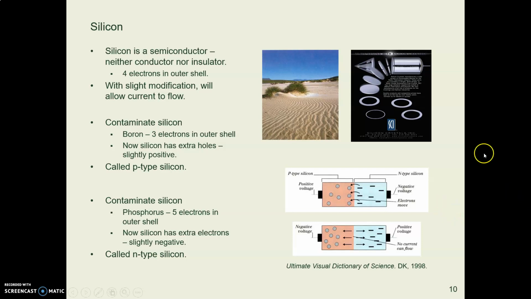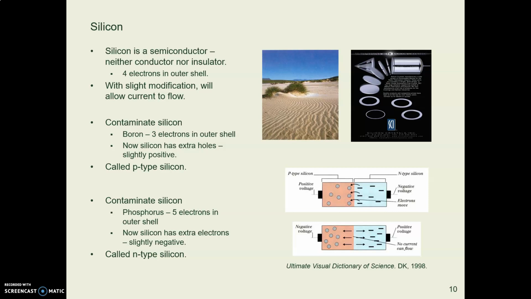The silicon material is put into a furnace with some contaminating gas, and it might be boron and it might be germanium, and there are some other kinds. If the gas has just a few extra electrons, this silicon will come out negative.